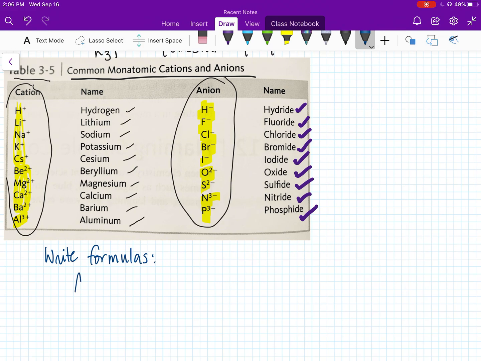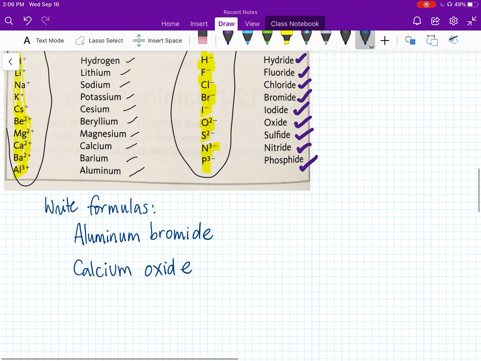I'm going to give you aluminum bromide, calcium oxide, barium fluoride.